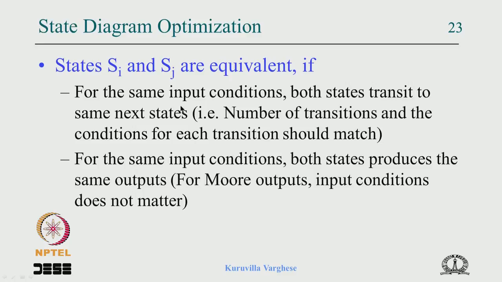Then Si and Sj are equivalent, and we can replace Sj with Si. That is simply, wherever Sj is there, rub it off and bring those arrows, whichever were going from Sj, so that they go from Si, and the output also is taken care of. There is no problem, it works properly.